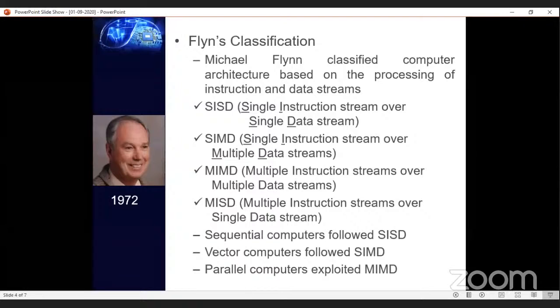Under the MISD architecture, parallelism is attained at instruction level and not at data level. So these are the introductory points that you have to consider regarding this topic, Flynn's classification. Okay.